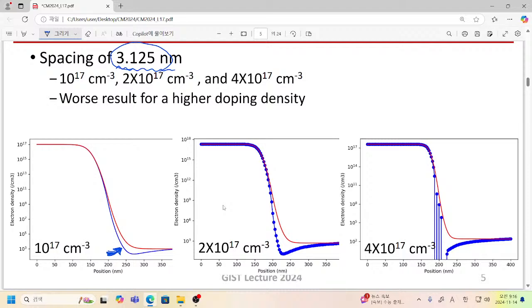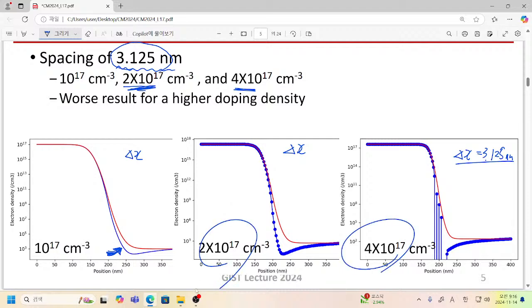However, if we slightly increase the doping density, although delta x is the same in every case, like 3.125 nanometer, just changing the doping density generated some problems.